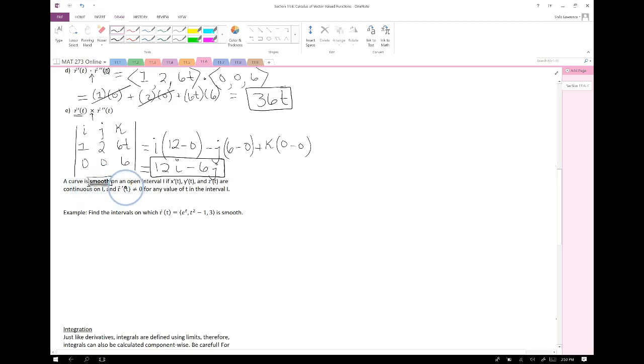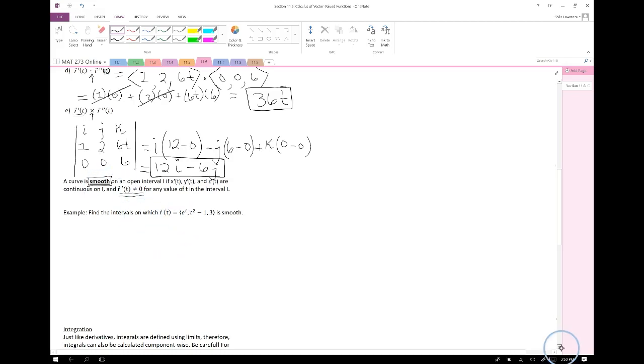So a curve is smooth on an open interval I if x prime of t, y prime of t, and z prime of t, those are the derivatives of our component functions, are all continuous on I, and r prime of t is not 0 for any value of t in the interval I. The only way that r prime of t will equal 0 is if all 3 components equal 0 at the exact same time.